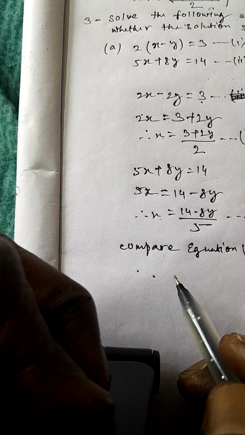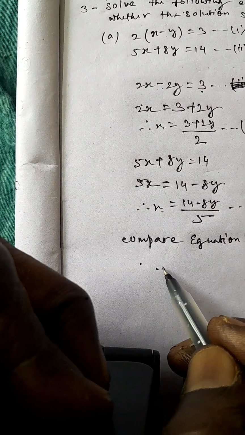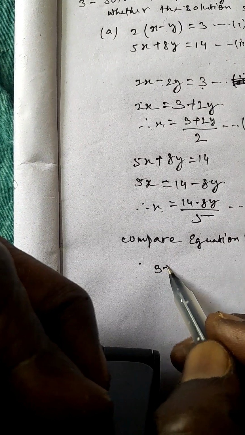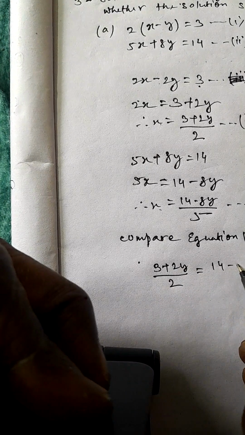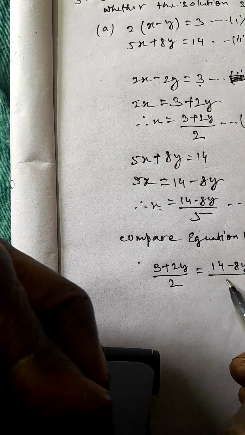So what you will get is 3 plus 2y upon 2 is equal to 14 minus 8y upon 5.